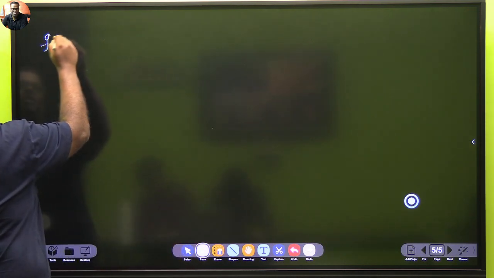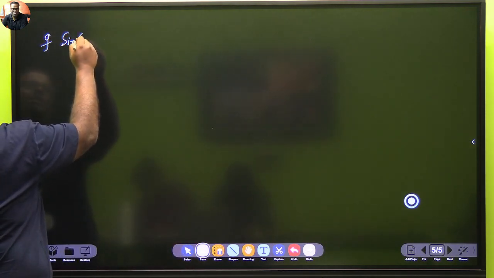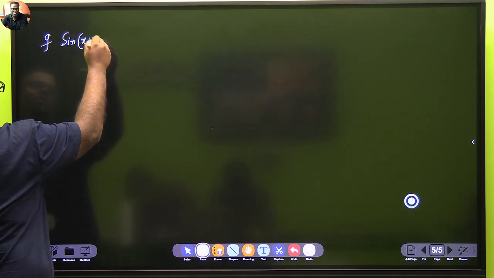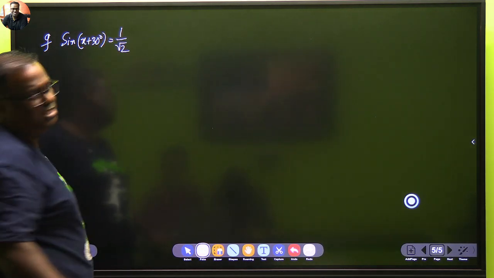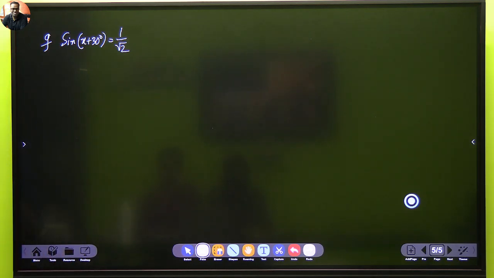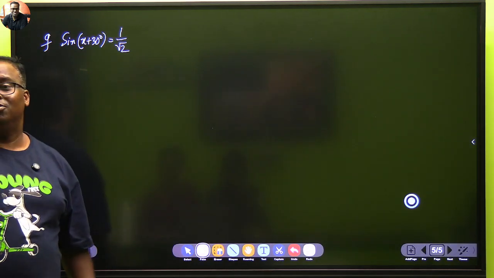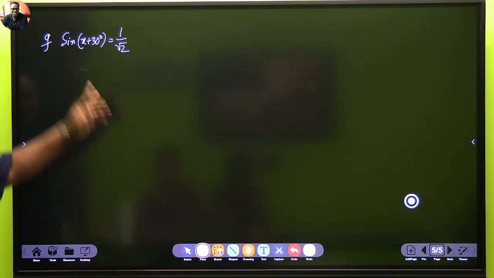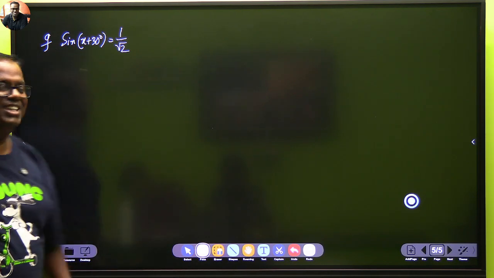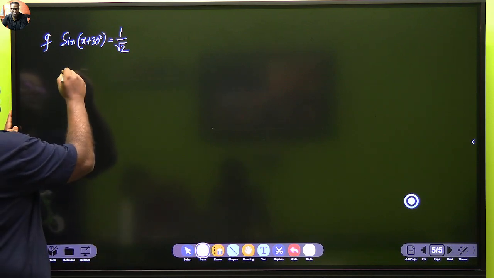So sine of x plus 30 is how much? 1/√2. Now use your brain: x plus 30, 1/√2. What angle has sine 1/√2? Sine 45. So x should be 15, okay, but still we will solve it. So how to solve it?